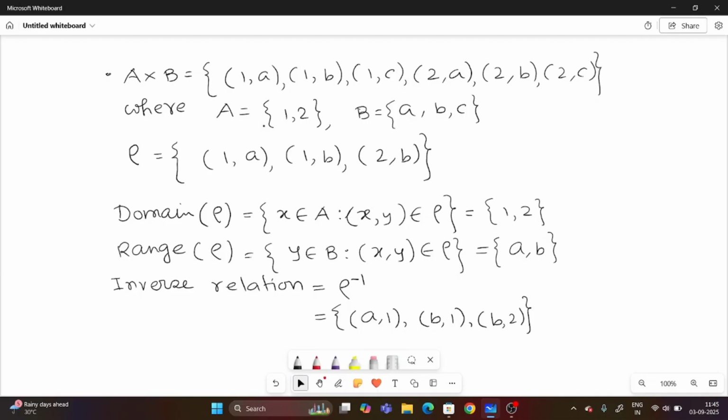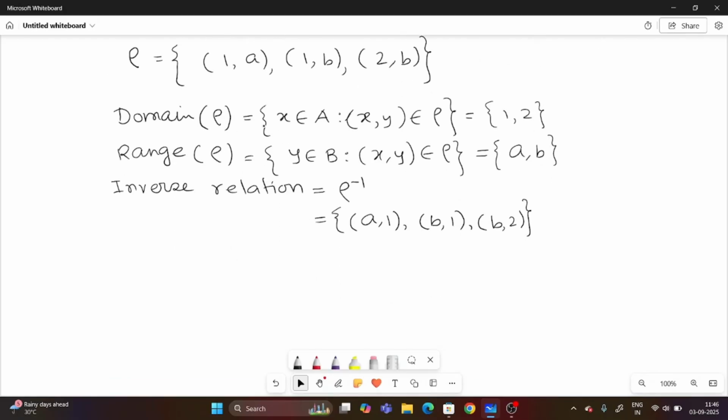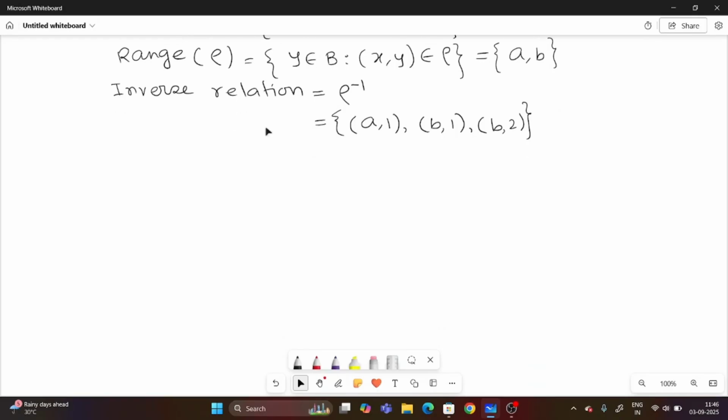So it is clear that as (1, a), (1, b), (2, b), these three ordered pairs belong to rho, their reversed ordered pairs (a, 1), (b, 1) and (b, 2) must belong to rho inverse, the inverse relation. So what will be the domain of the inverse relation? The collection of all x components, for the ordered pairs, which is {a, b}.